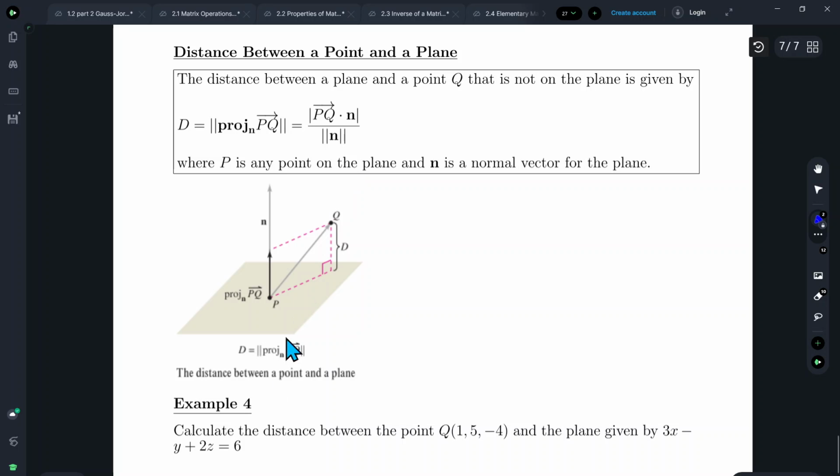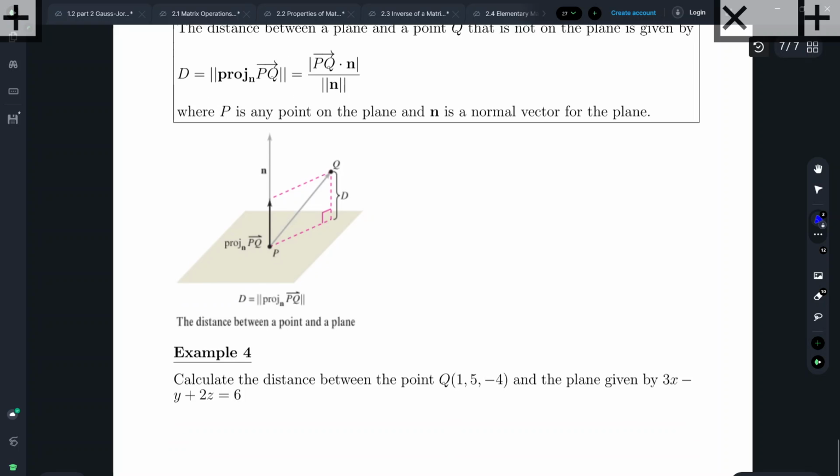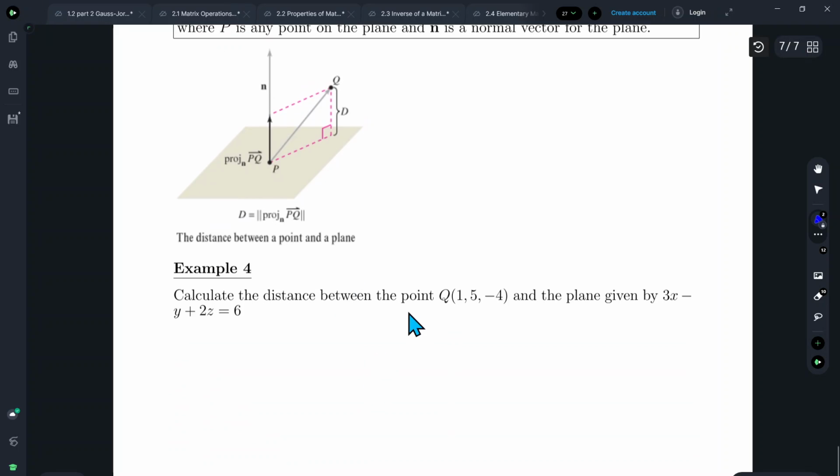Okay, so now let's apply the formula to example 4 here. We're asked to calculate the distance between this point Q, (1, 5, -4), and the plane given by 3x minus y plus 2z equals 6.